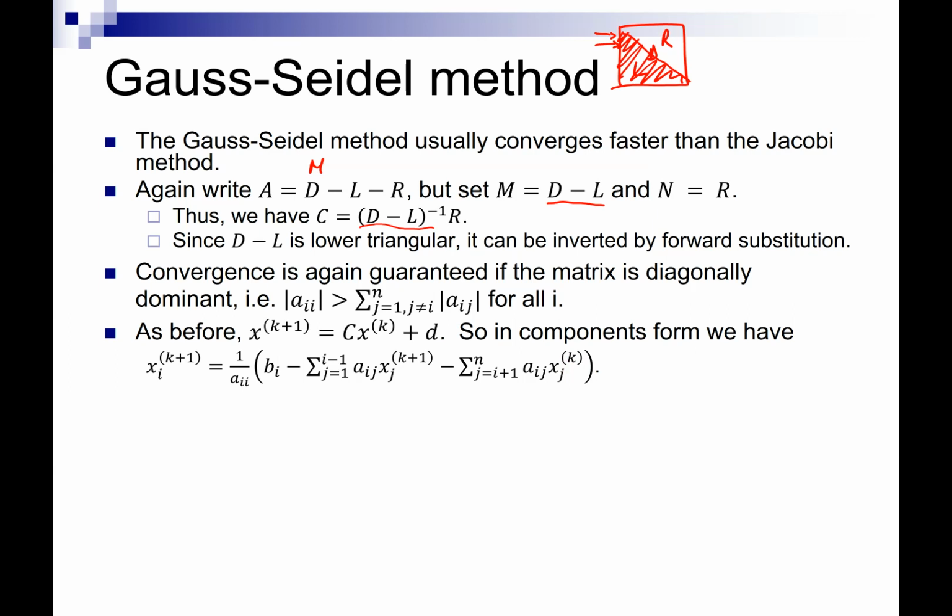All right, so now what is the benefit to doing this? This is different from the Jacobi method, and the claim is that this Gauss-Seidel method is more accurate because it converges faster than the Jacobi method. Now why does it converge faster?